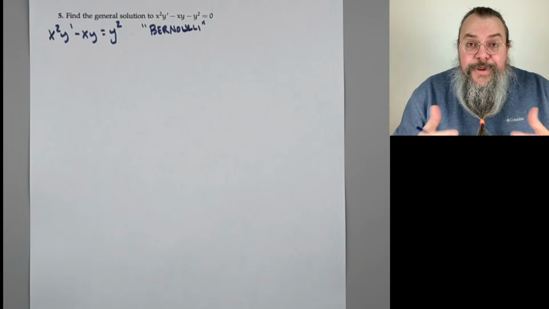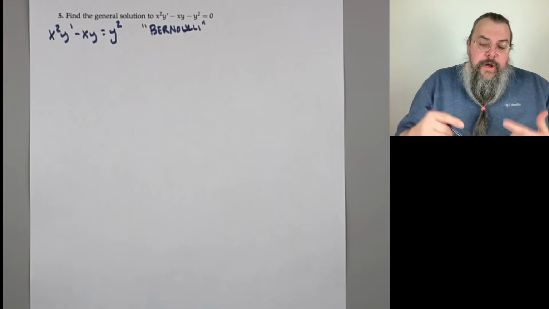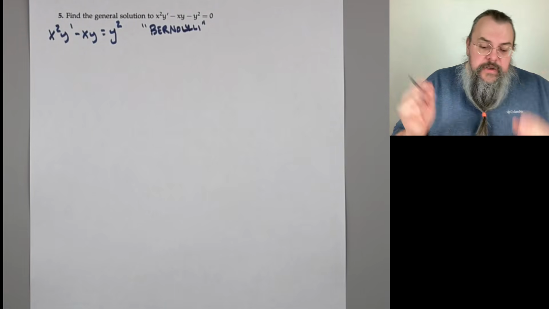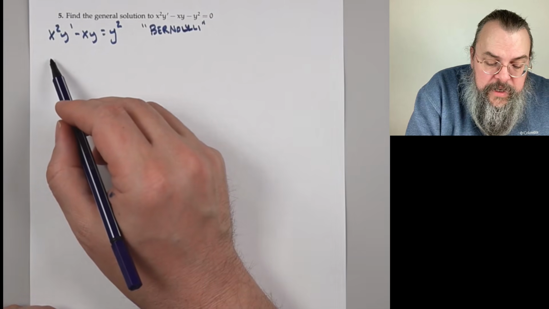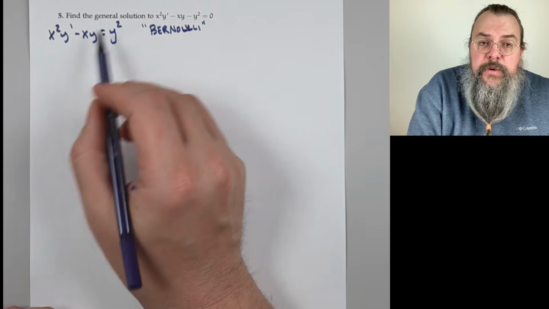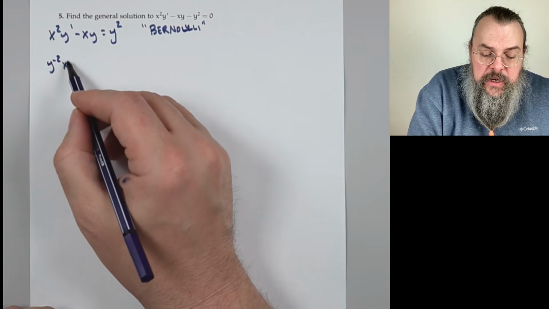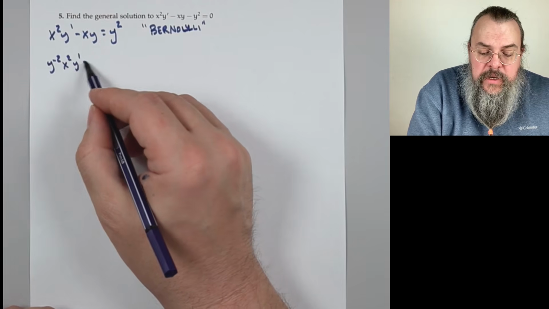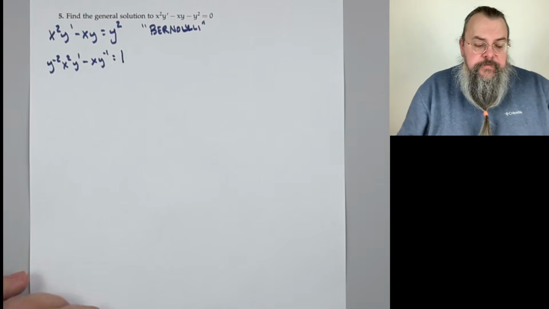All right, so with the Bernoulli method, what do you do? Well, because I'm an old person and I have a hard time doing math in my head, I'd imagine I'm going to remove this power and put it on the other side. So y to the minus 2 x squared y prime minus xy to the minus 1 equals 1.